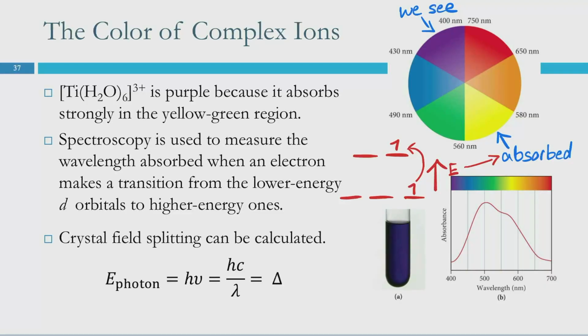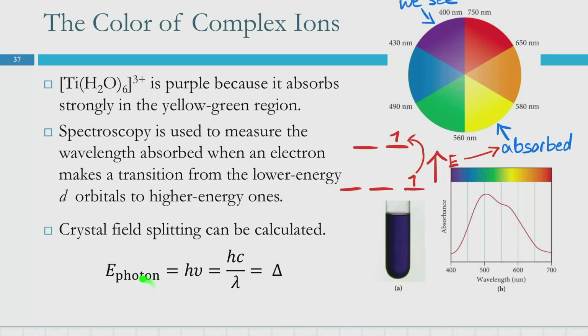And we can calculate crystal field splitting if we know the wavelength. So the energy of a photon is equal to Planck's constant times nu, where nu is frequency. Planck's constant is a constant. And frequency is related to wavelength, which is lambda.